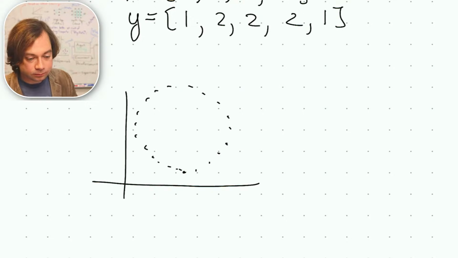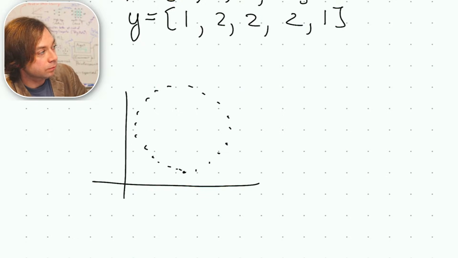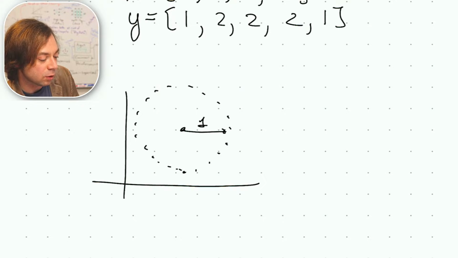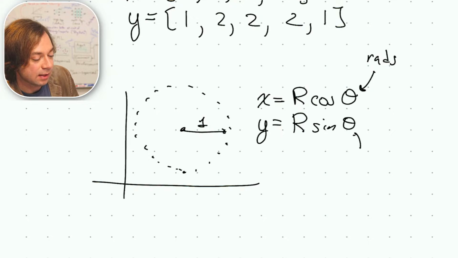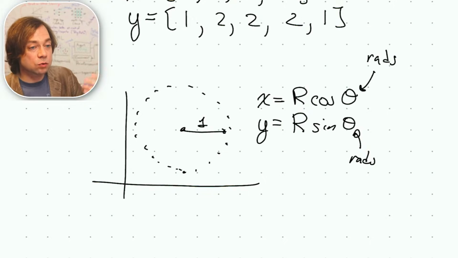If you recall the unit circle, all of your x points are equal to some radius times cosine of some angle theta, where theta is in radians, and y is some radius times sine of theta. So we can use this to draw a circle.